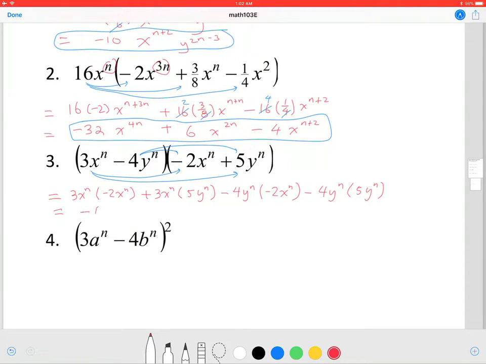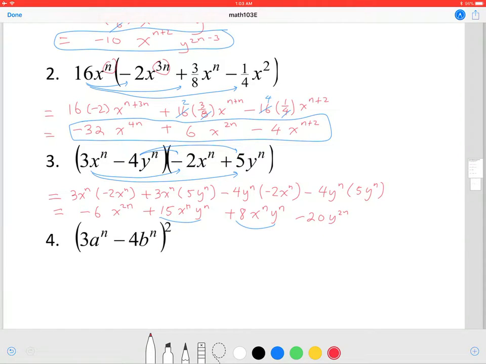So I should have a negative 6x to 2n. And this will be plus 15 x to the n y to the n. And this is plus 8. I know I have y to the n, x to the n written, but I'm going to rearrange so that x to the n and y to the n are in that order, so that I can see that these two are my like terms. And last term is a negative 20y to the 2n.